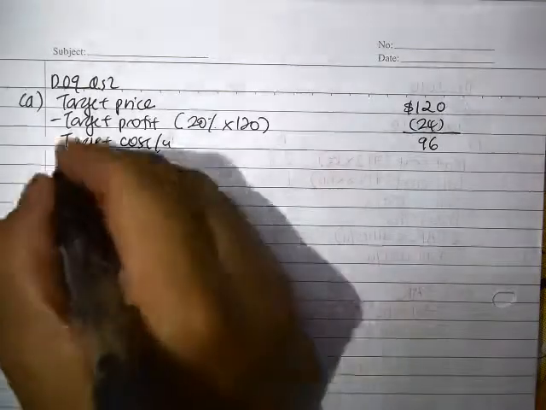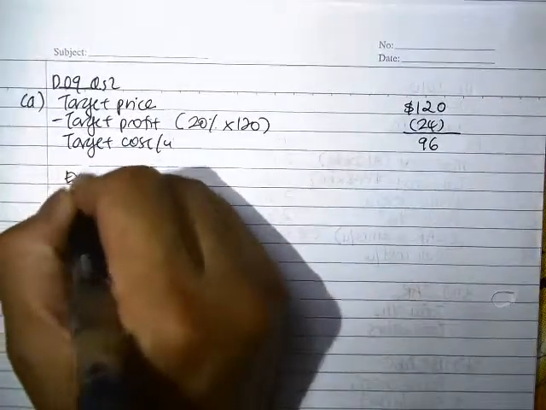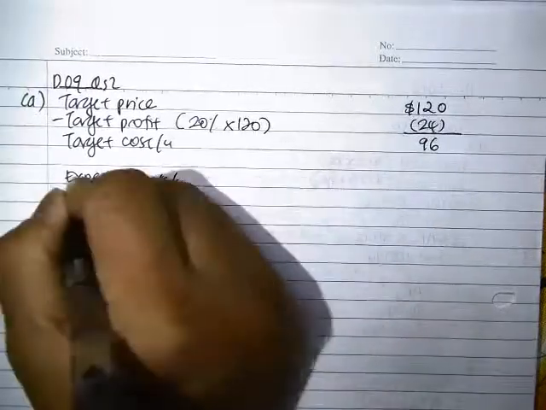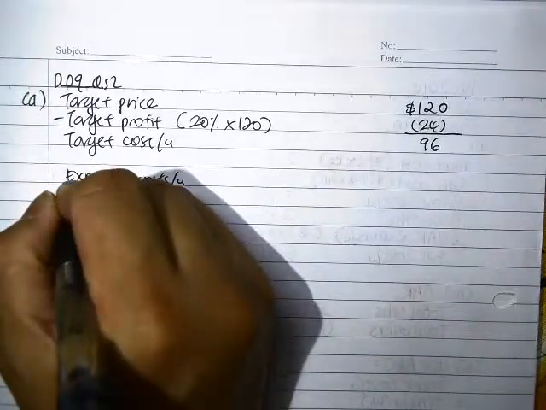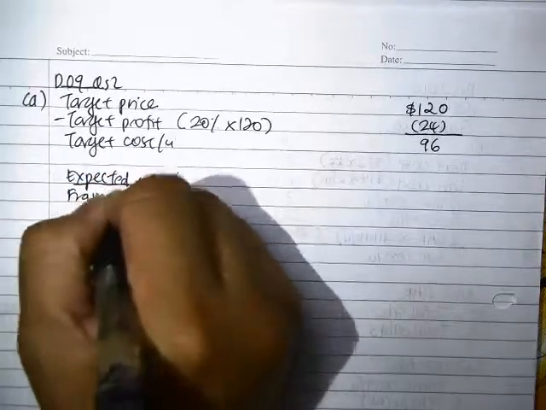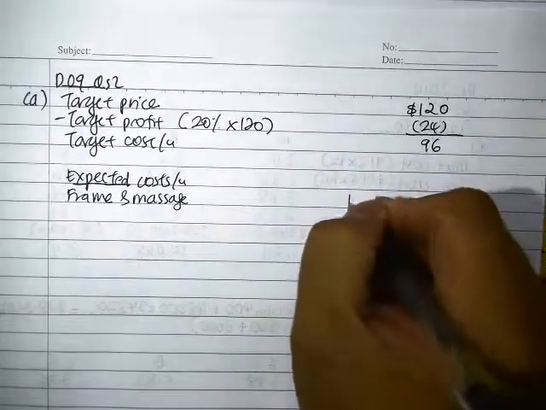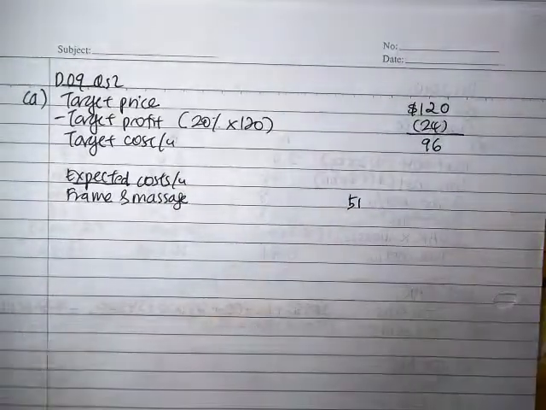Okay, then what's the expected or the actual cost? Okay, the expected cost. Now the first cost they tell us is the frame and the massage mechanism, which costs $51.